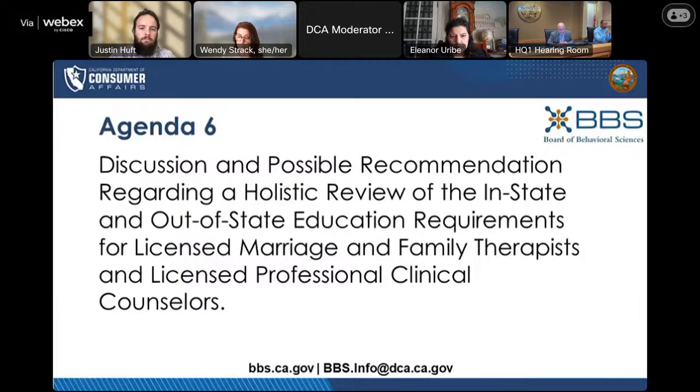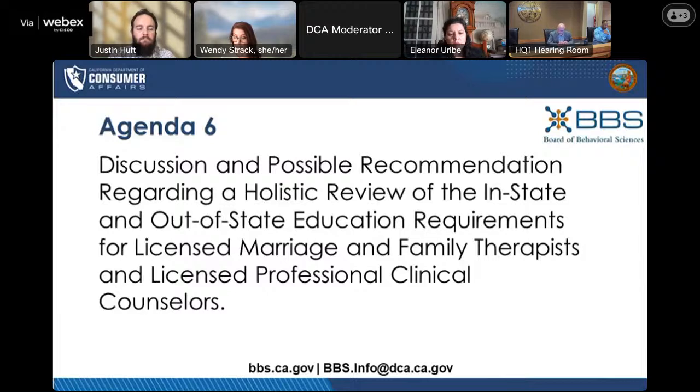So that change necessitated us to look at the requirements for the LMFT. At the time, in 2004, we did not have the LPCC licensure. So in July 2006, the board established the MFT Education Committee to examine the curriculum requirements and assess their relevance to contemporary MFT practice as it existed under MHSA.